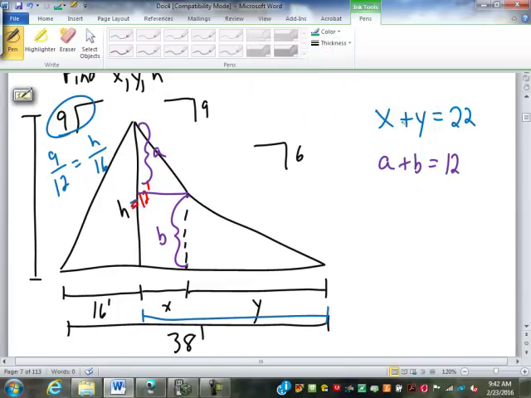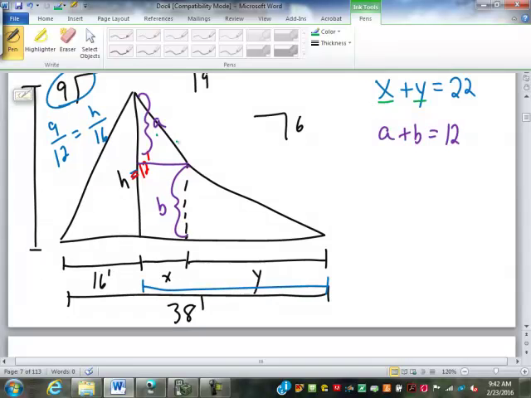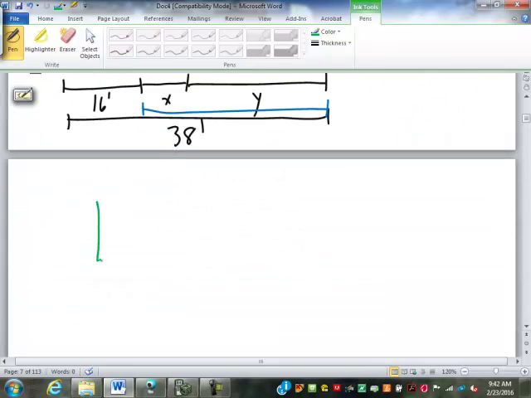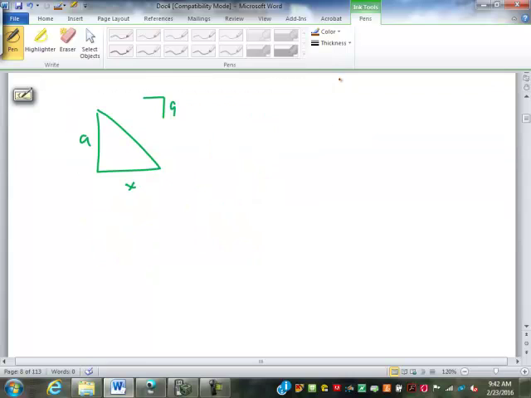So now I'm going to express x and y up here in terms of A and B, so I have a system of two equations in the same two variables. I'm going to use this triangle right here, which is A and x. The 9 over 12 slope. 9 over 12 equals A over x.